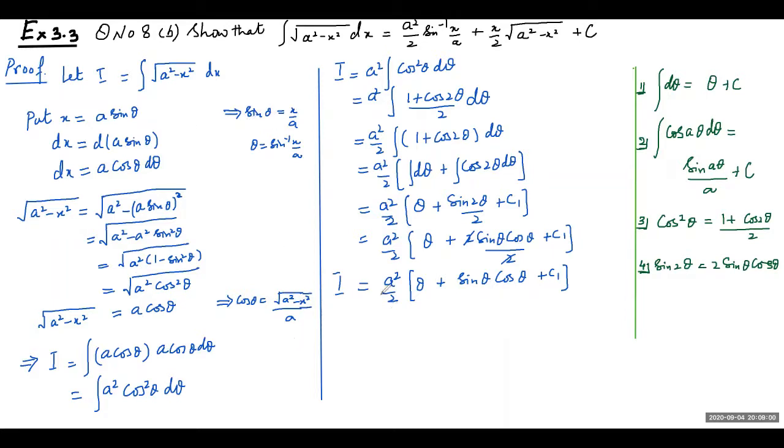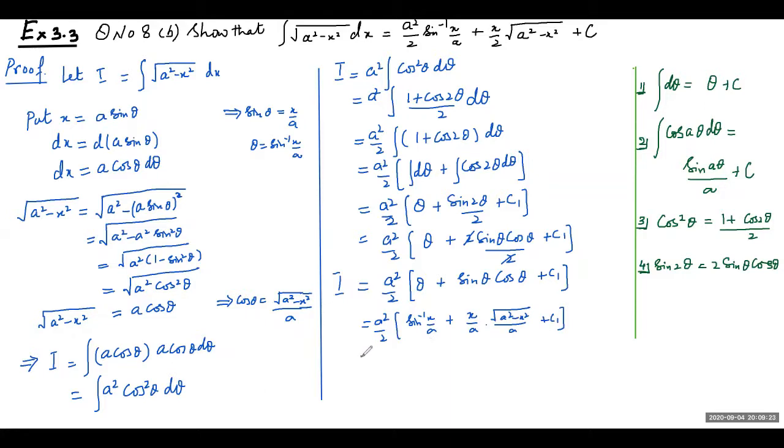Now put these values and you will get a square by 2 theta equal to sine inverse x by a. Sine theta is x by a, cos theta is square root of a square minus x square by a, and we have a C1 here.